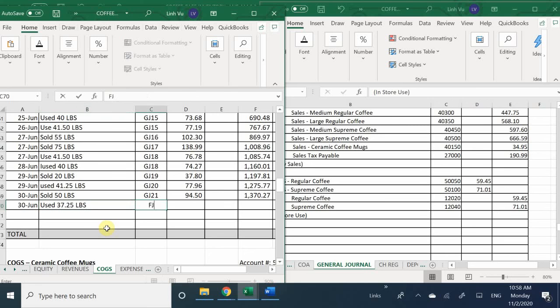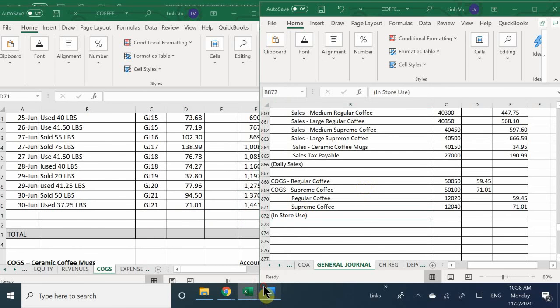All right, General Journal 21. So then, how much was my Supreme Coffee that I sold? 71.01. Okay, and then bringing me a grand total. Somebody please calculate this. 1441.28. Okay, so that is it.